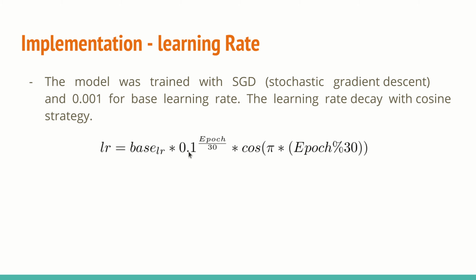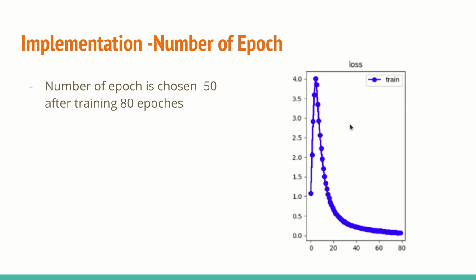The formula for the cosine strategy is here. It is similar to the original work. About the number of epochs, firstly I trained the model with 88 epochs, but after I observed the loss while training, I realized it may overfit, so I chose 58 epochs as the number of epochs for training.